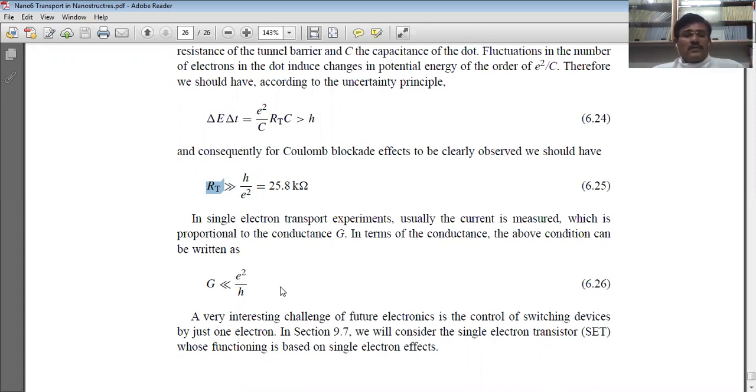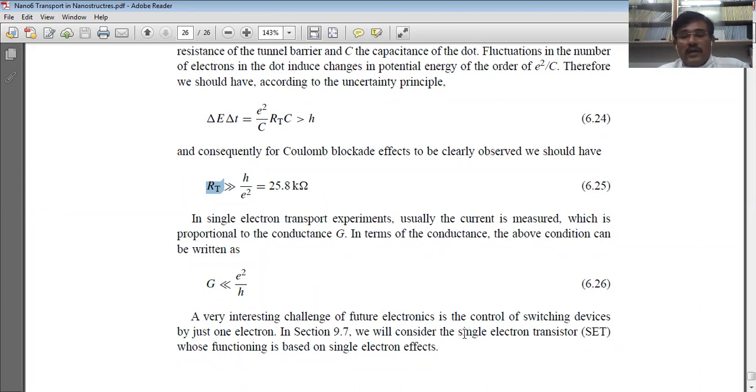Now, when we see all these phenomena, and when we take control over such switching devices by controlling a single electron, then we get a very interesting device, which is the single electron transistor.